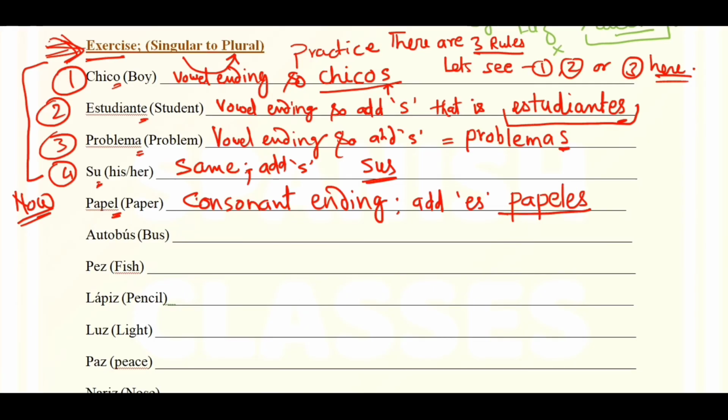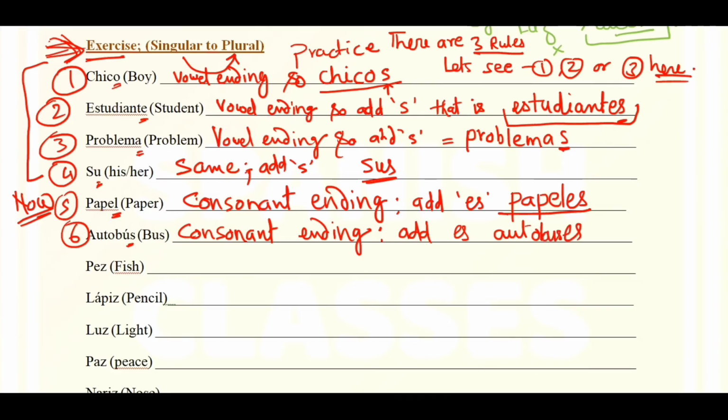Papeles. Next example, autobús. Consonant ending again. We have to again add es. Autobús becomes autobuses, plural.